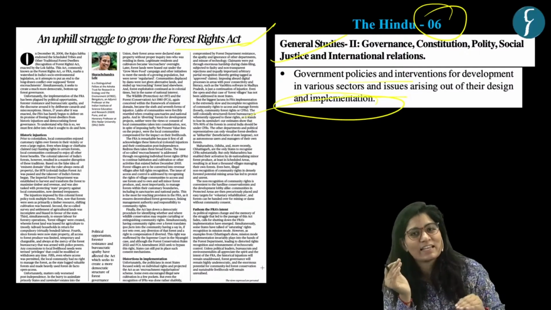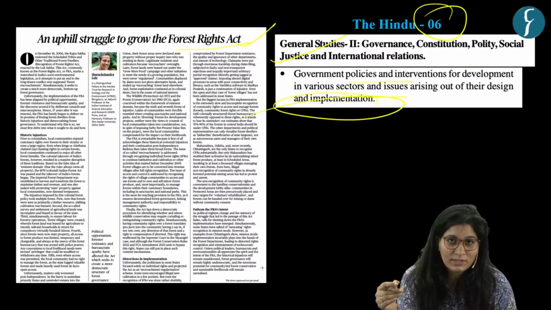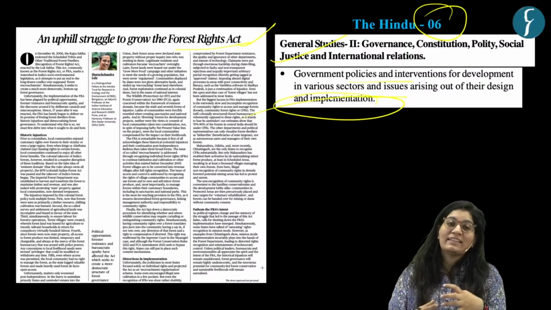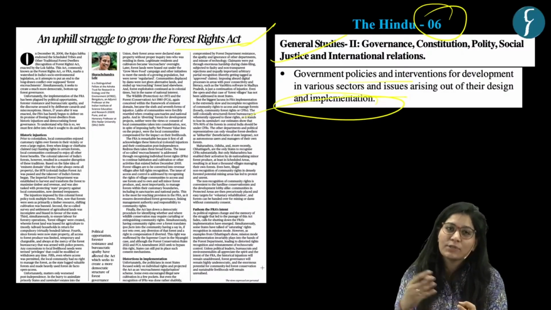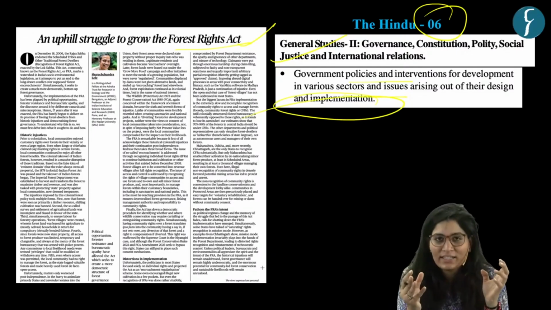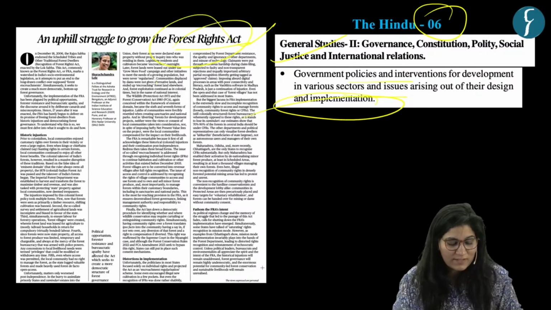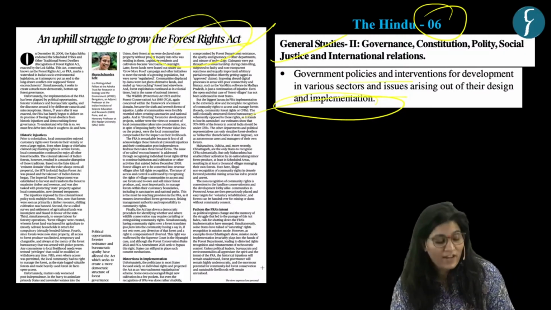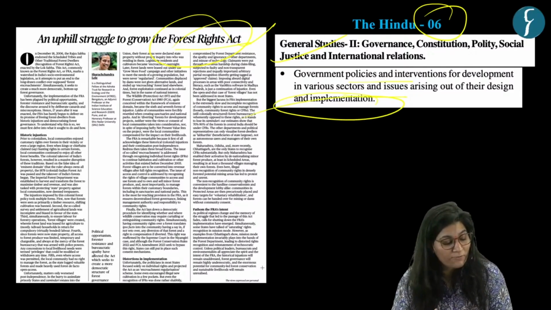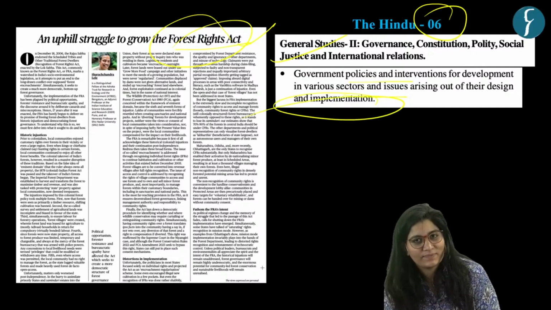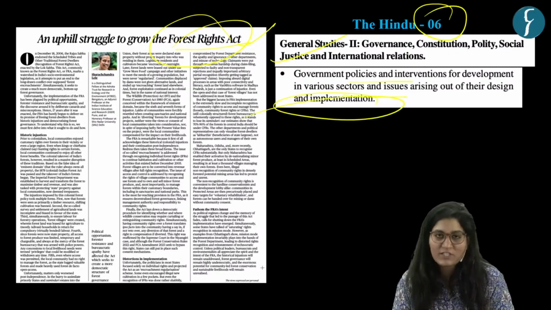So this legislation curbed the customary rights of forest dwellers with respect to that forest. And this continued even after independence till we got Forest Right Act 2006, or the Scheduled Tribes and Other Traditional Forest Dwellers Recognition of Forest Rights Act 2006. So this is all about the historical background of Forest Right Act.